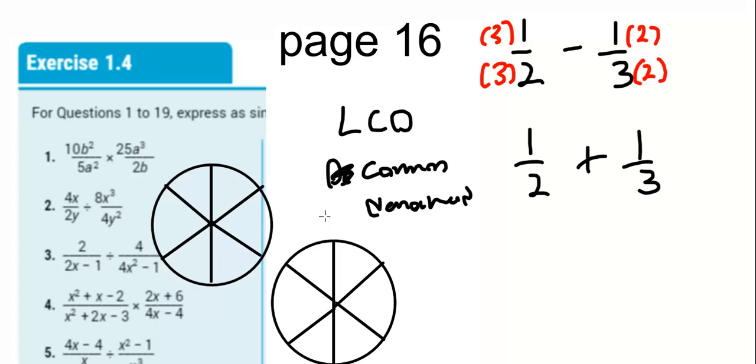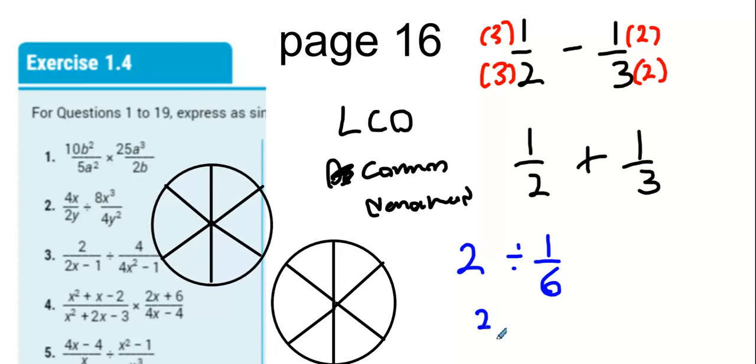Now, it's 2 pizzas. What I'm asking you to do is divide that by 1/6 of a pizza. 2 full pizzas divided by a sixth of a pizza. How many slices would you get if you're using a sixth of a pizza? You get 12, don't you? So what I do here is I take the second fraction and I turn it upside down.